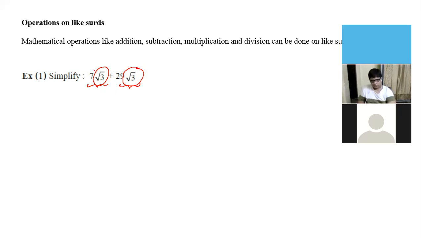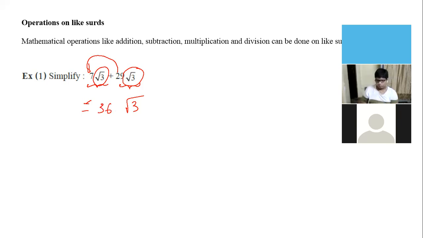Yes, sir. Okay. If the radical and the radicand are the same, that means the root and the number inside the root are the same, you can directly add them. So first you put the root 3 as it is and add the numbers in front of it. So 7 plus 29, how much is it? 36.